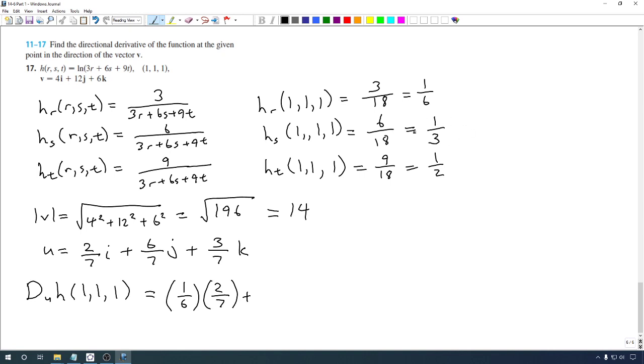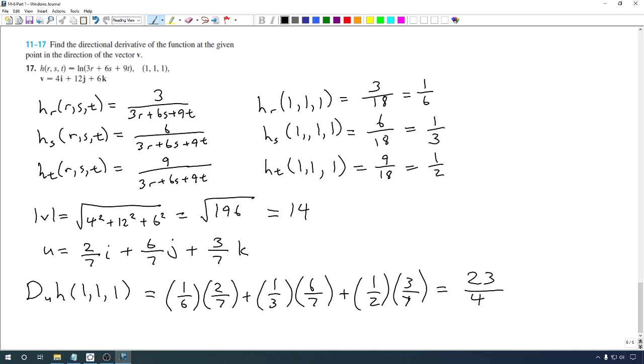Then we have 1/3 from the partial derivative with respect to s times our second component. And then we have the 1/2 from t and the 3/7. If we work all this out, it's a fun little calculation, but we get 23 over 42.